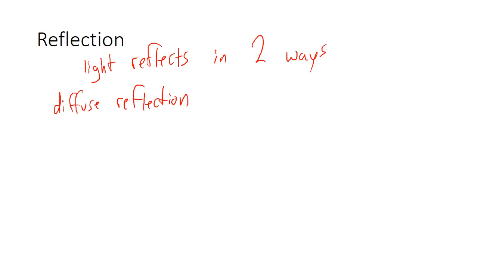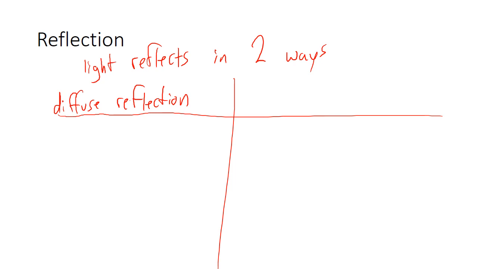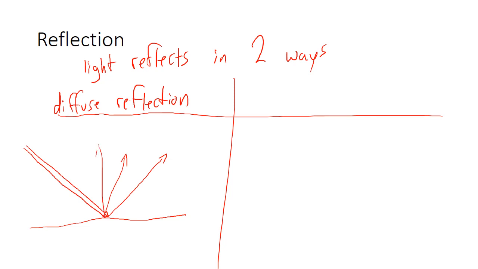Okay, so diffuse reflection is going to look like this: if you have the surface here and you have the light shining into here, it's going to bounce off, but the light going in here is going to bounce off at a different angle. And all of these are going to be grouped together very closely.